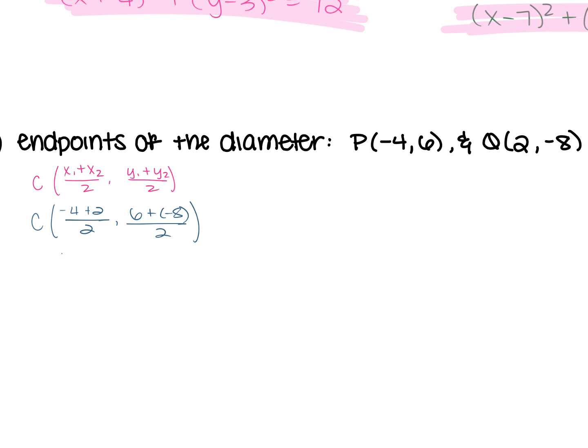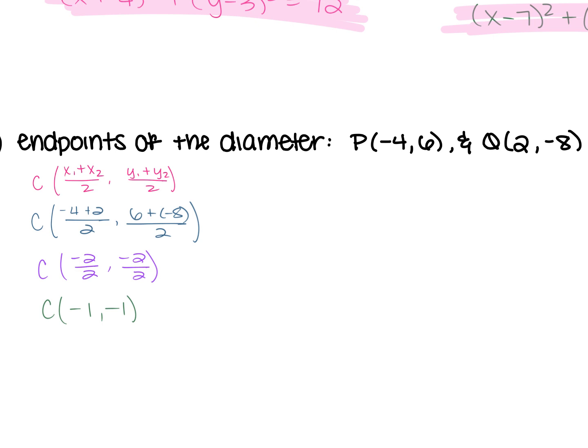Negative 4 plus 2 is negative 2 over 2. Your 6 plus negative 8 is negative 2 over 2. So your center is the ordered pair negative 1, negative 1.